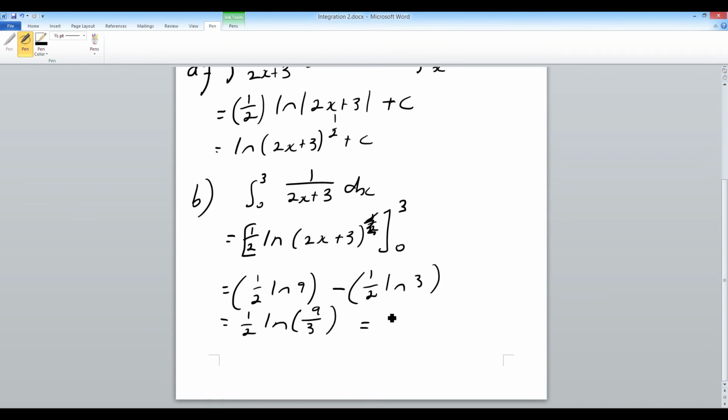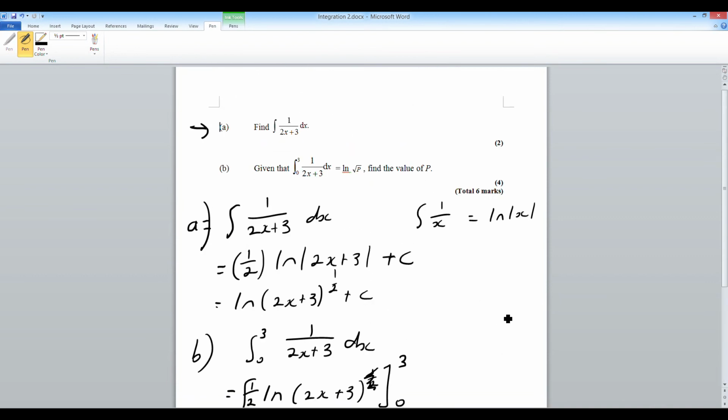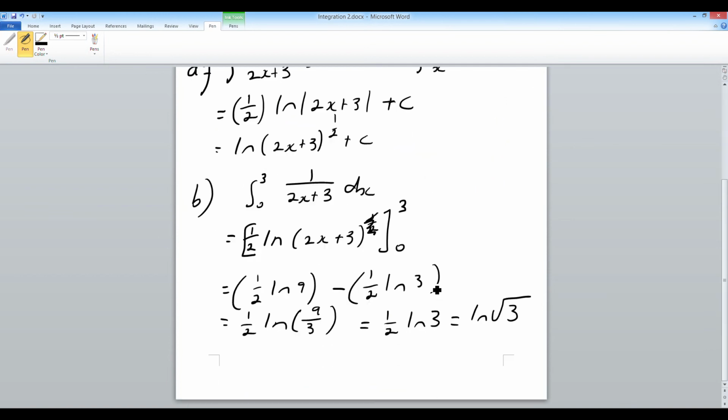And I can simplify this as the natural log of 3, because 9 divided by 3 is 3. But we also know that this is a root, so the natural log of root of 3. If I compare it to what they gave me at the top, they said the natural log of root p, so find the value of p, something inside the root. So the value of p is equal to 3.